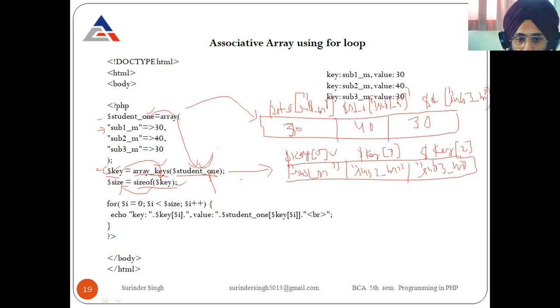It will count the total number of elements. Now the total number of elements is 3. Clear? You can also use the sizeof function, which returns the size of the variable. Now it will return 3, and now size contains the value 3. Clear? Okay, is it clear to you?